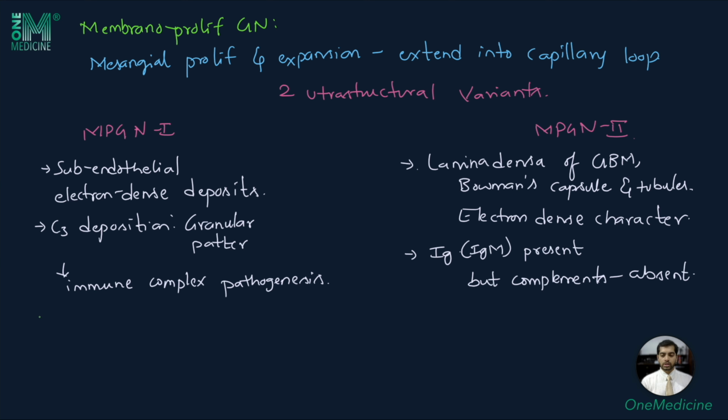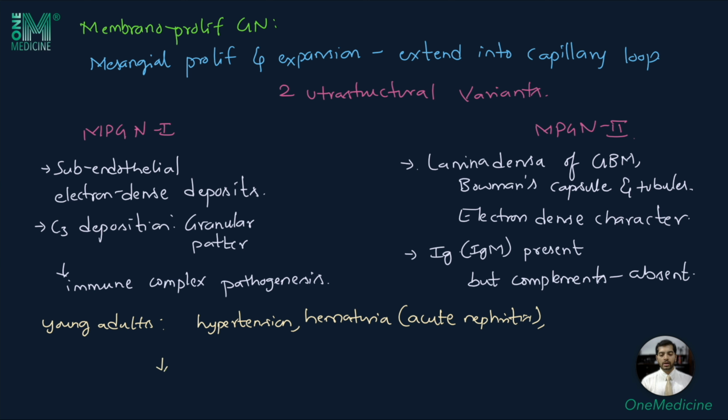This condition is usually seen in young adults, and symptoms classically include hypertension, hematuria in patients who present as acute nephritis. There can be decline in glomerular filtration rate and even active urine sediments on labs.